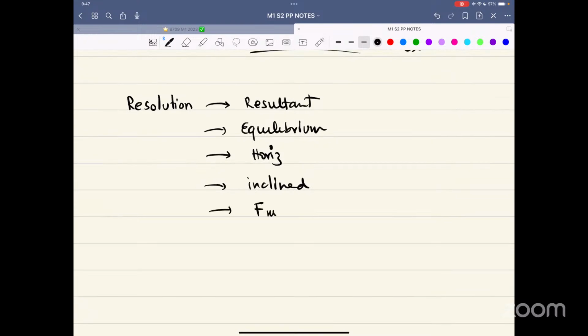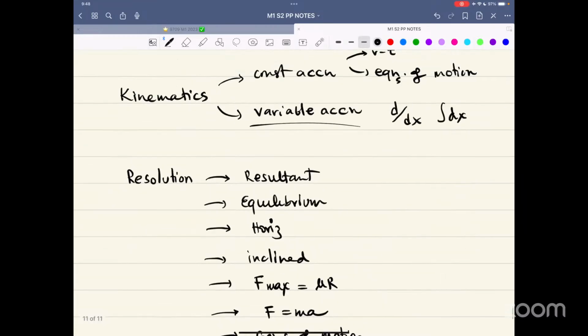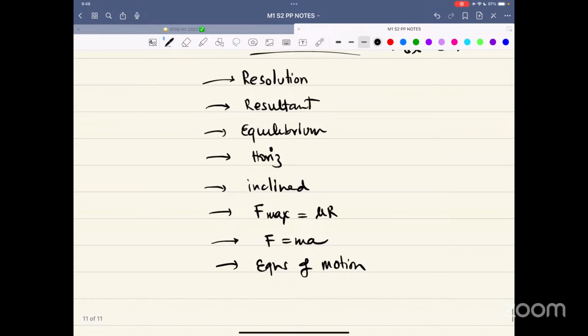It can involve F max is mu R, it can involve F equals mass into acceleration, and it involves equations of motion. Let me write the word resolution over here. Basically, this whole thing is about forces.